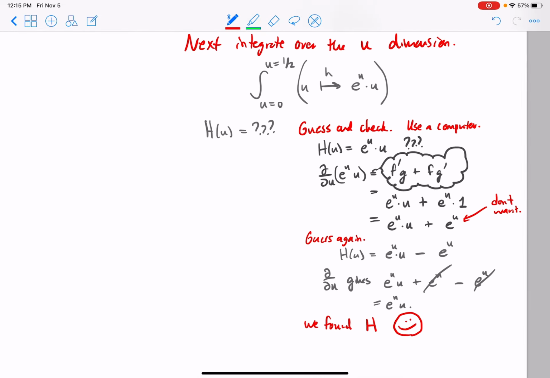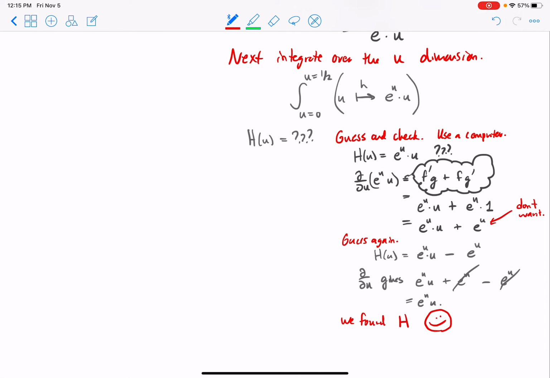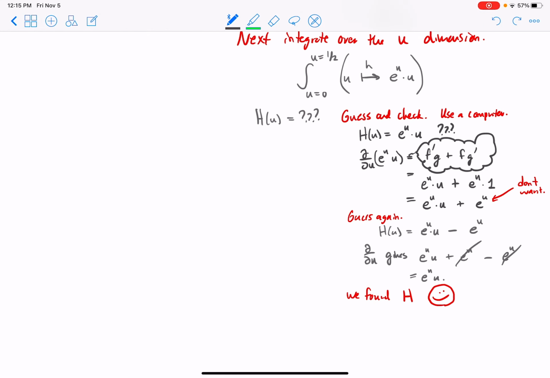Okay. Now we can use the fundamental theorem and just plug in at the endpoints and subtract. So our integral equals capital H of 1/2 minus capital H of 0.